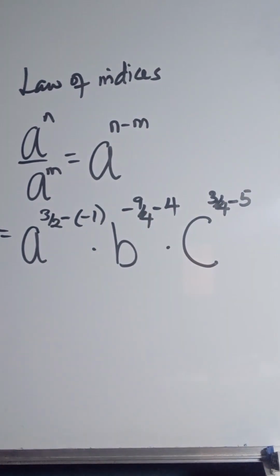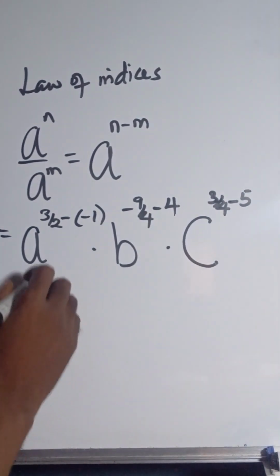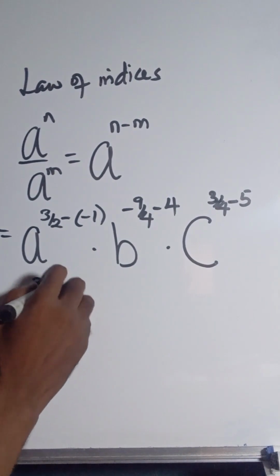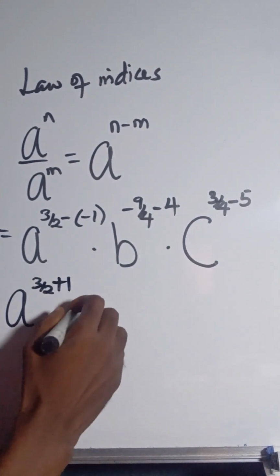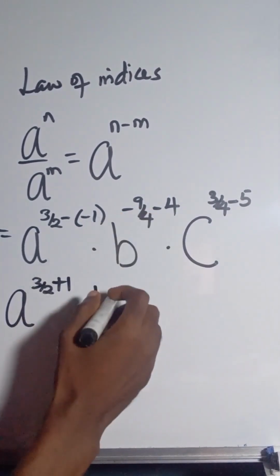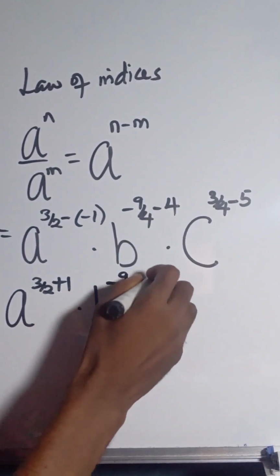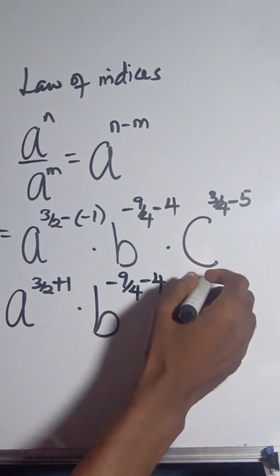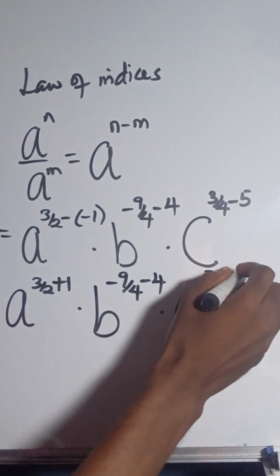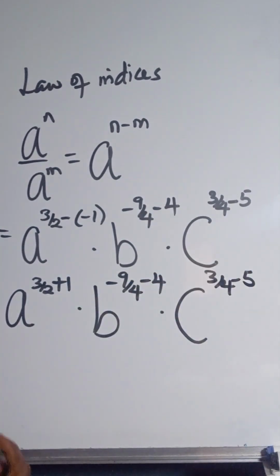So solving this, we have a raised to power 3 over 2 plus 1, multiplied by b raised to power minus 9 over 4 minus 4, multiplied by c raised to power 3 over 4 minus 5. So we are going to solve the fractions.